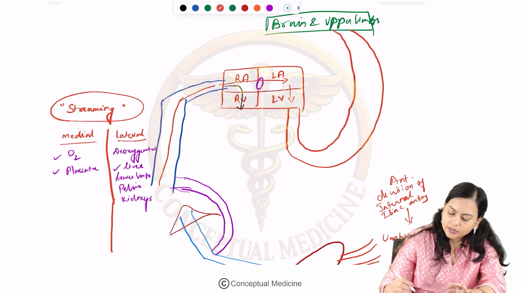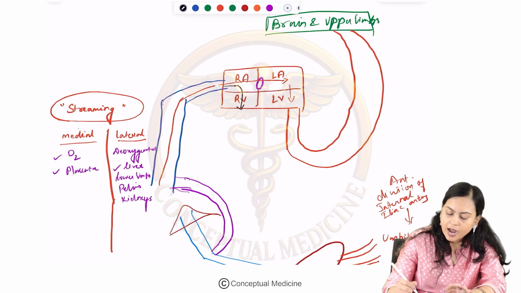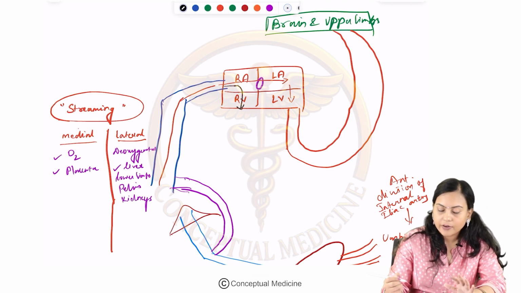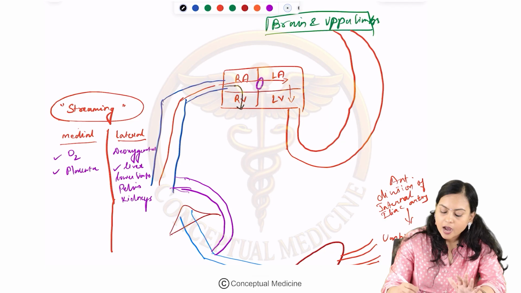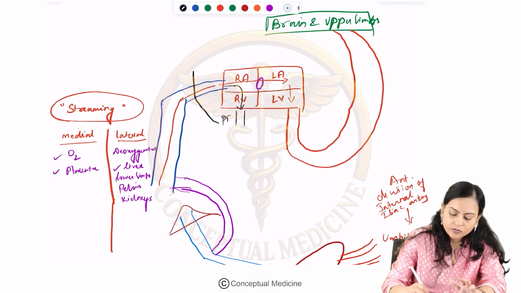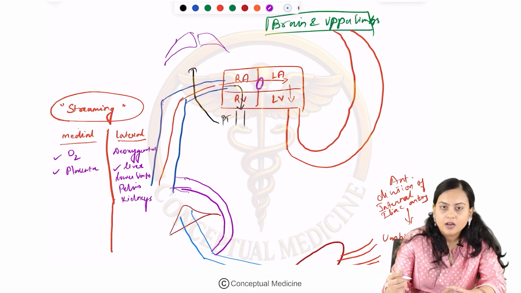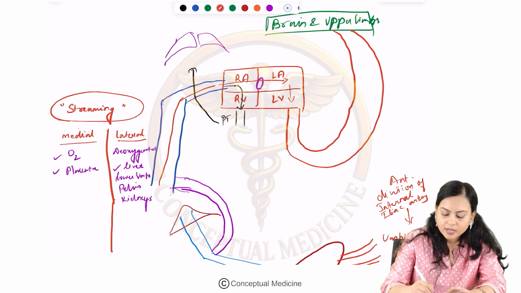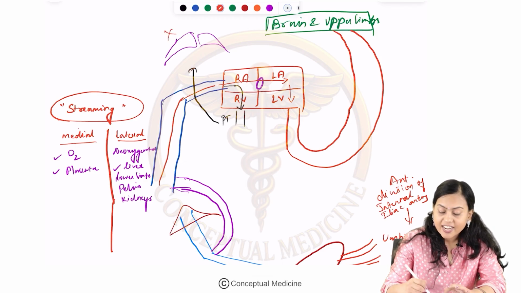Now what happens to this deoxygenated blood that has been received in the right ventricle? Ideally it should pass through the pulmonary trunk and go to the lungs to supply the pulmonary circulation. But here we know that the lungs are not functional and the pulmonary vascular resistance is high.